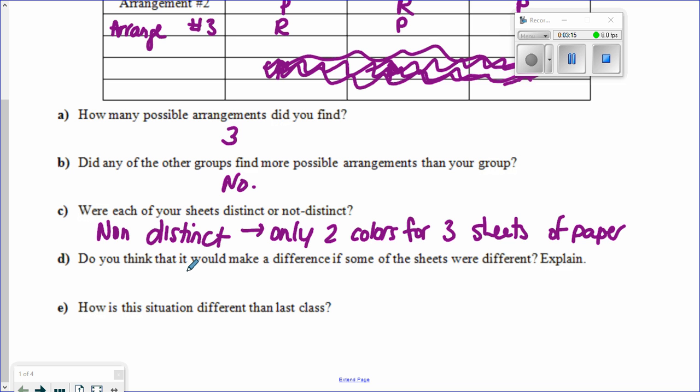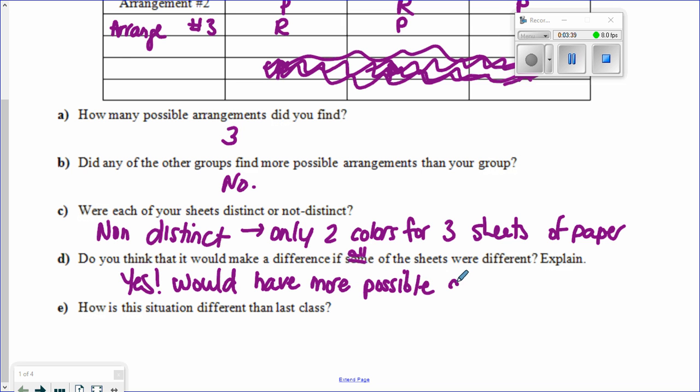Do you think it would make a difference if some of the sheets were different? I guess that should probably say all of the sheets. If all of the sheets were different, yes, it would make a difference. We would have more possible arrangements. And so again, from the last couple lessons, we would have 6 possible arrangements in that case.